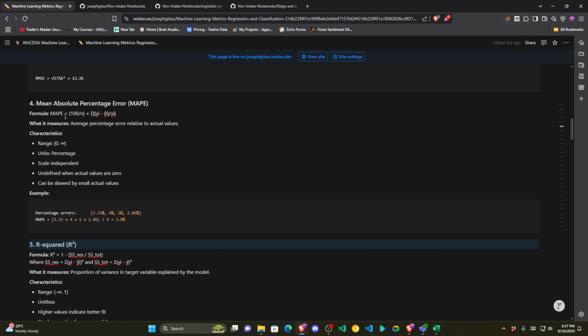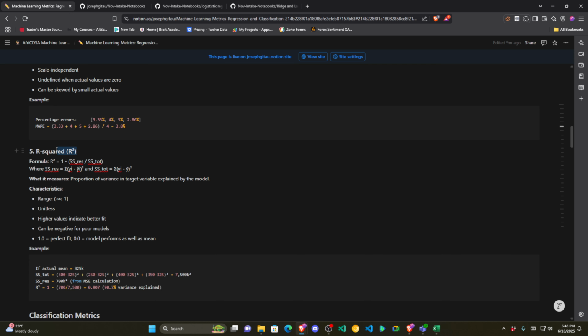We've looked at the mean absolute percentage error. Next, we'll look at the R squared score. So this is our last evaluation metric for regression-based models. So the R squared score, this is the equation. It's the sum of residuals divided by the sum of totals that we have in our model.